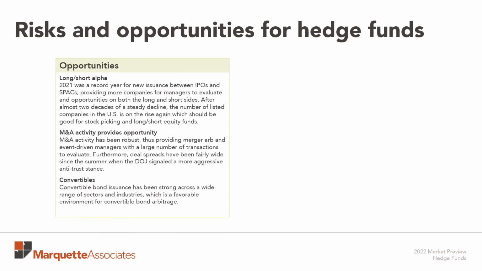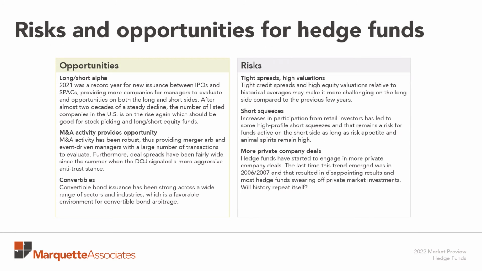So just wrapping up and looking at risks and opportunities in the year ahead for hedge funds, 2021 proved challenging for alpha, particularly in the long-short equity space and particularly on the long side, but we think that the year ahead is likely to be a little bit more exciting. All of the IPOs and SPACs give hedge fund managers a lot more opportunities to look at, and the decline we saw at the end of last year of unprofitable companies may mean that fundamentals matter more in the year ahead.